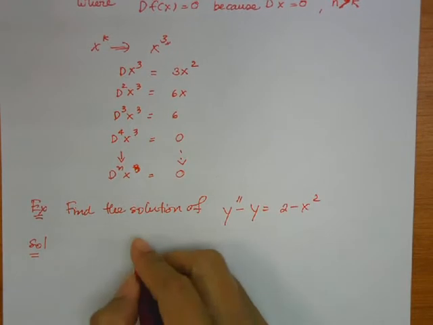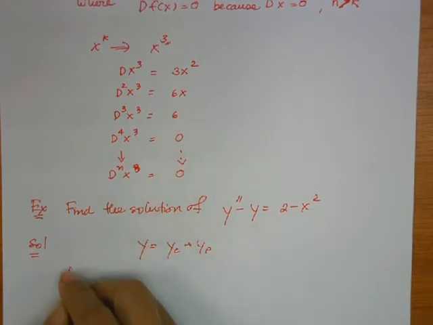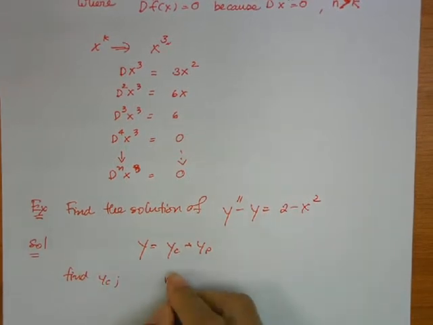So the solution would combine yc and yp. Now we find yc. The characteristic equation is this one, right?